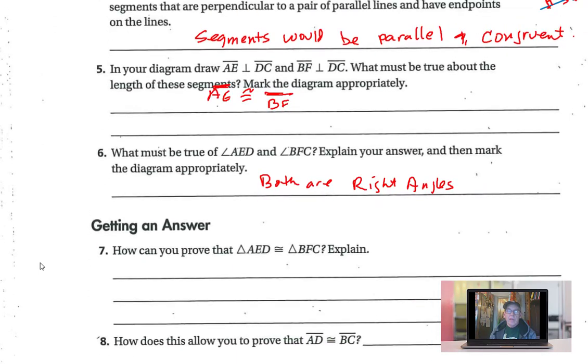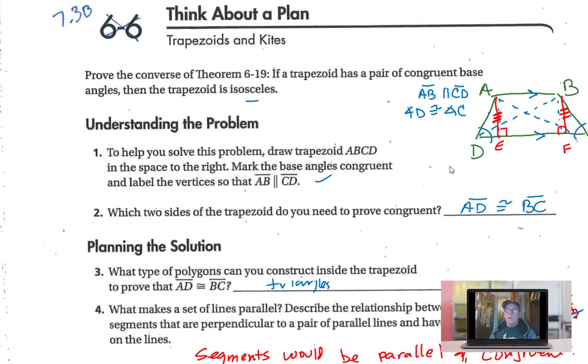How can you prove that triangle AED is congruent to triangle BFC? Explain. So here we have AED, BFC. We've got these two sides are congruent. They're both right triangles. These two angles are congruent. And the two right angles are congruent.